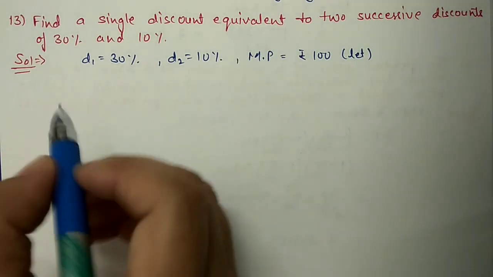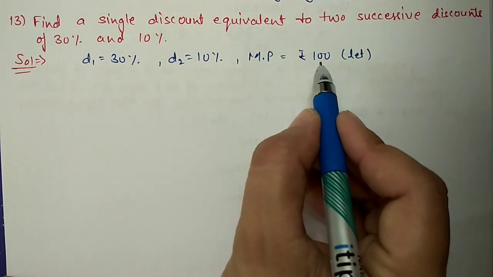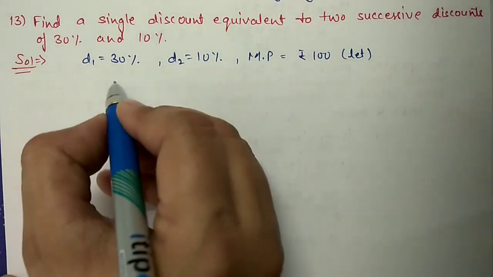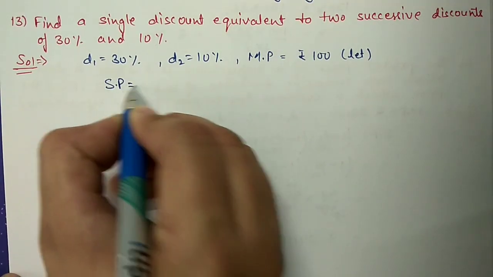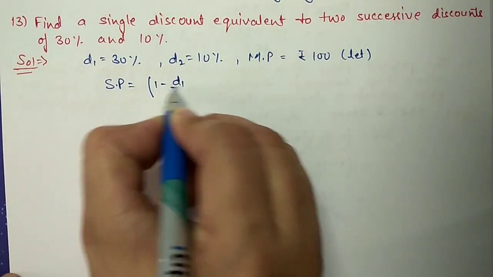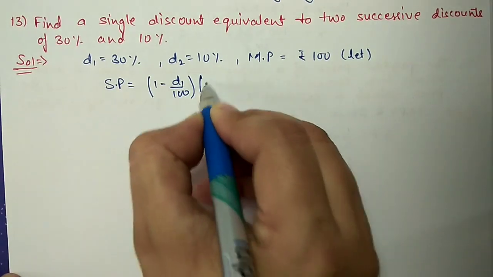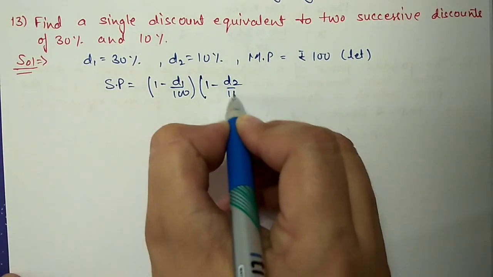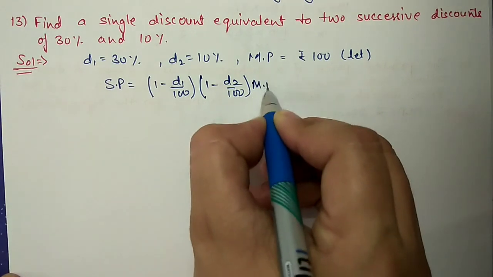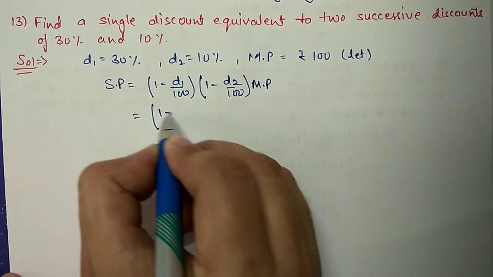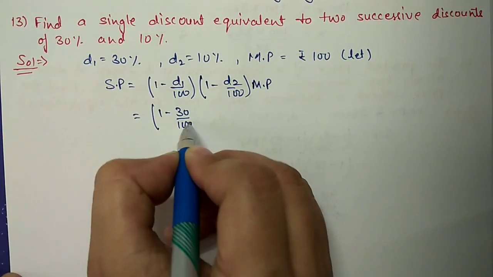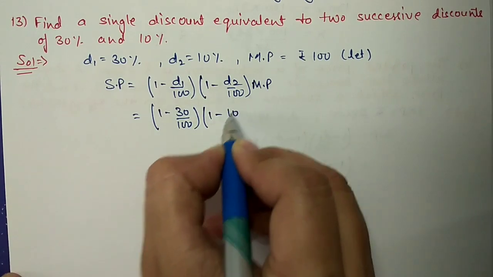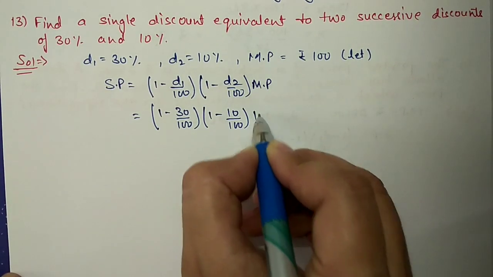So according to the mark price of 100 rupees, we will find the selling price. Selling price is equal to (1 minus D1 by 100) (1 minus D2 by 100) into mark price. So (1 minus 30 by 100) (1 minus 10 by 100) into 100.